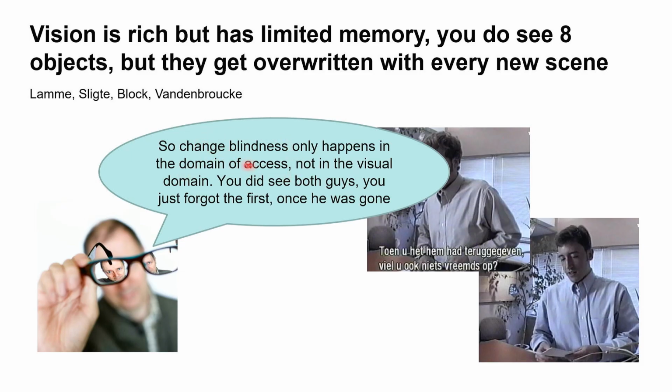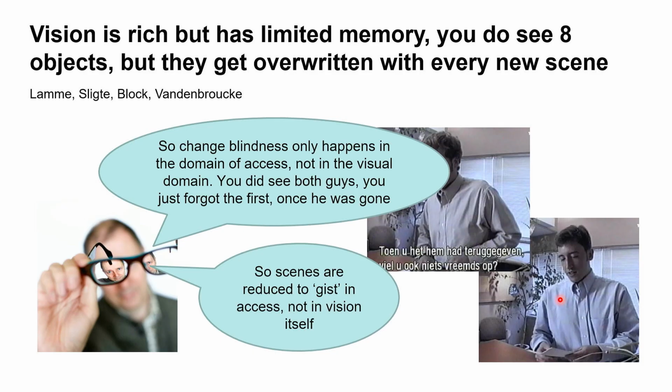It's more like change lack of access, because it happens in the domain of access, not in the visual domain. So indeed, you did see these 2 guys standing behind this desk, and the one is ducking behind it, and then you see the next one coming up. Yeah, at the moment you saw them, but once the first one is gone, you forget about him and then look at the second one.